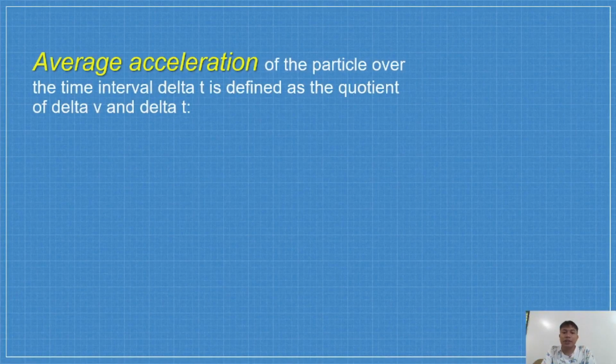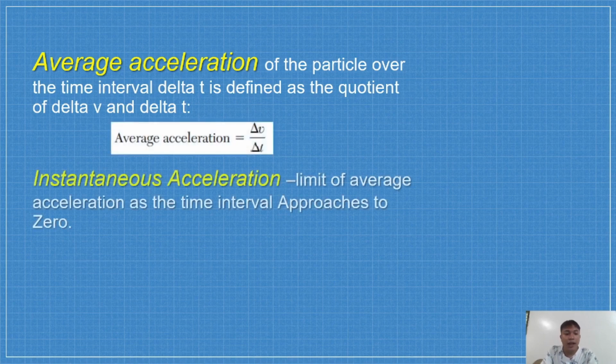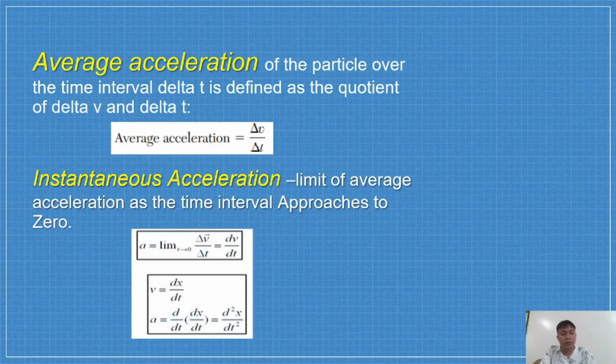Average acceleration of a particle over the time interval delta t is defined as the quotient of delta v and delta t. And instantaneous acceleration is the limit of our average acceleration as the time interval approaches 0. So it denotes here a is equal to delta v over delta t as t approaches 0, or we can rewrite that as dv over dt.